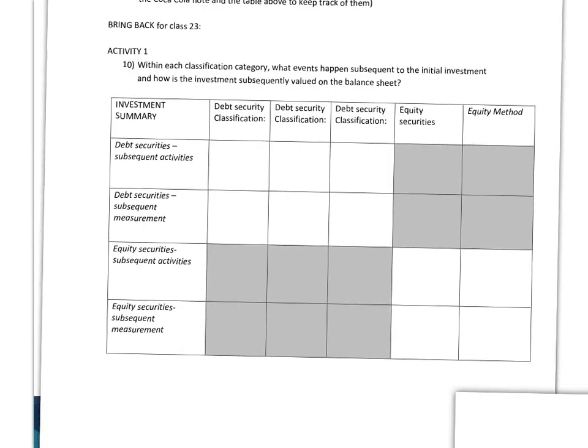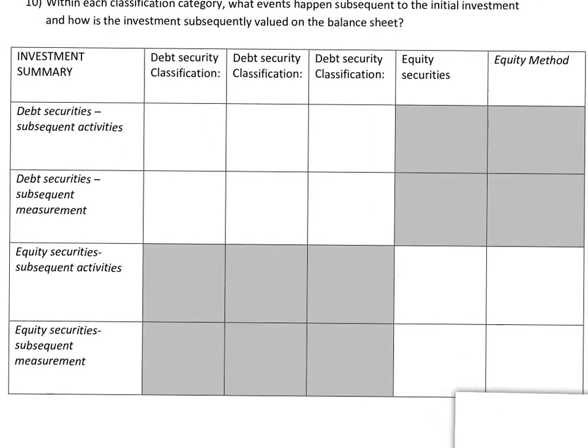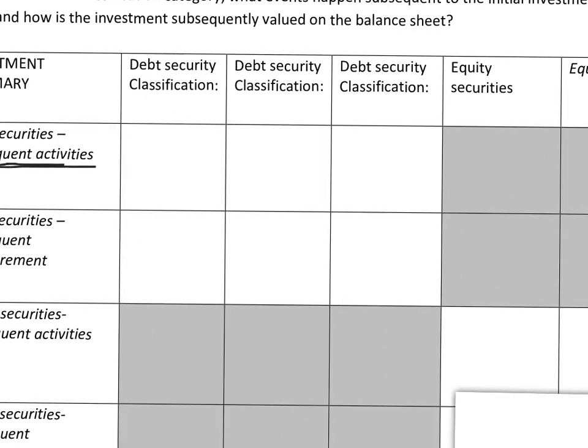We spent a few minutes looking at this handout, which covered the things that happen once you own an investment. What are the activities, the subsequent activities that you have to keep track of? And with the debt securities first, and I'm just going to keep the same categories that I had on the other side. I think I had them in this order.